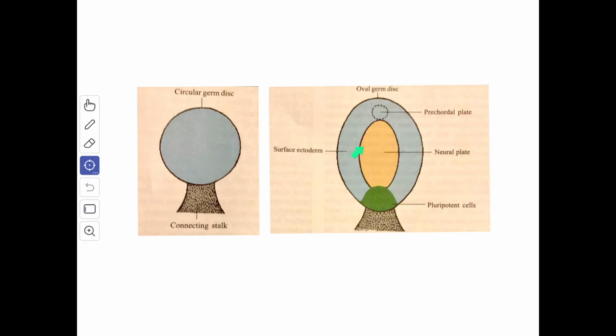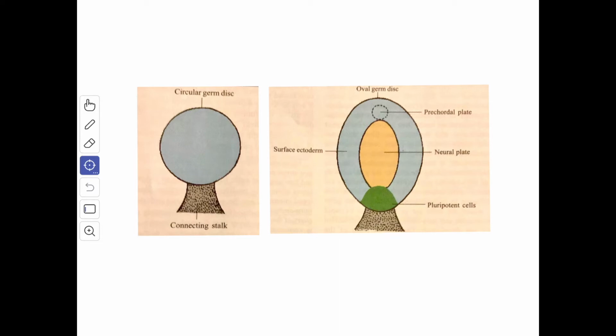The neuroectodermal cells are situated within the concavity of the surface ectoderm, and this forms the medullary or neural plate.